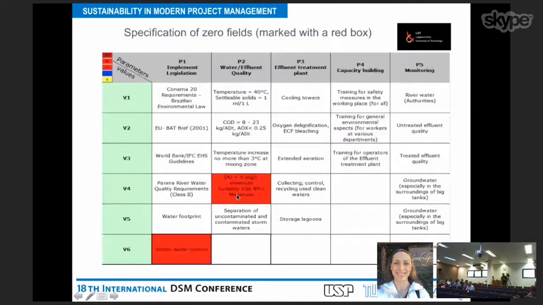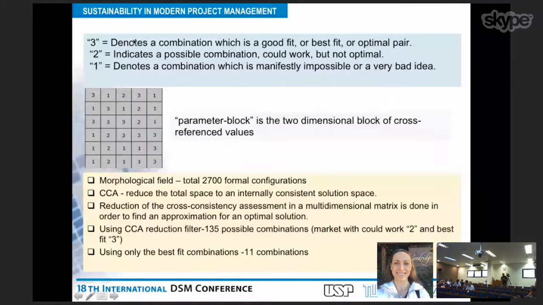The number 3 denotes a combination which is a good fit or the optimal pair. The number 2 indicates a possible combination, but the number 1 tells that it's not a good combination or it's not consistent.